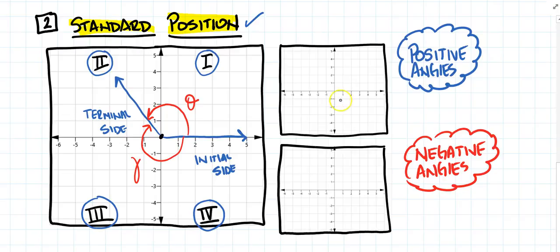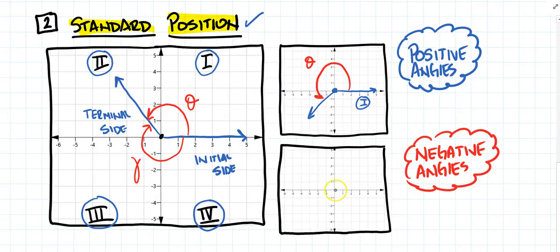Positive angles drawn in standard position, remember the initial side, I usually label it with an I and circle it, is glued down, and the terminal side is somewhere else in the coordinate plane, and positive angles swing out in a counterclockwise direction. So that's counterclockwise.